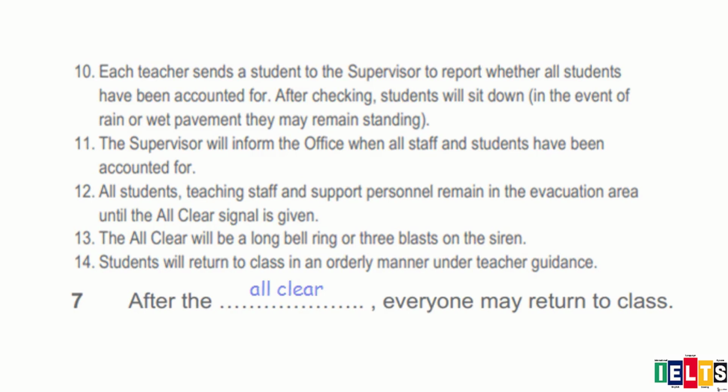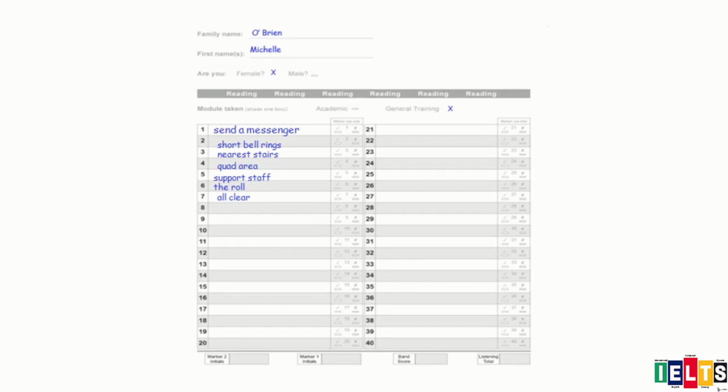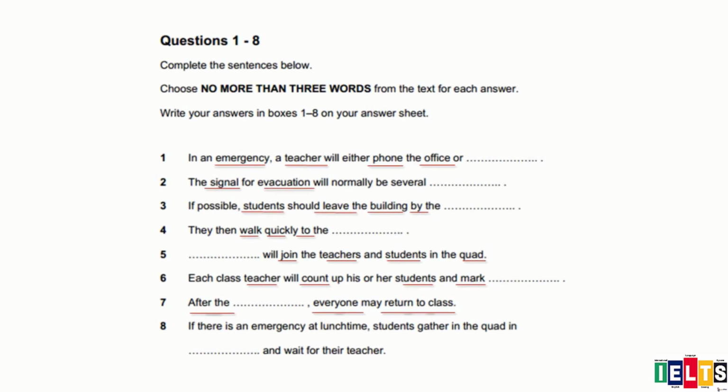So on your answer sheet, write all clear for the 7th answer, then return to the question paper and look at question 8. For question 8, you need to complete the following sentence. If there is an emergency at lunchtime, students gather in the quad in something and wait for their teacher.